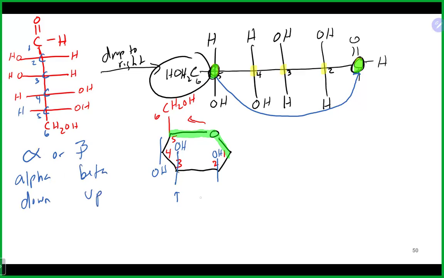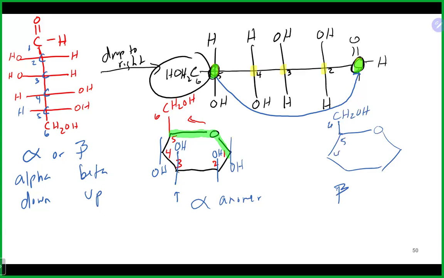If I were to draw the alpha, sometimes referred to as an anomer, I would put my last OH pointing down. If I were to draw the beta, it would look exactly the same, except that my last OH would be pointing upwards.